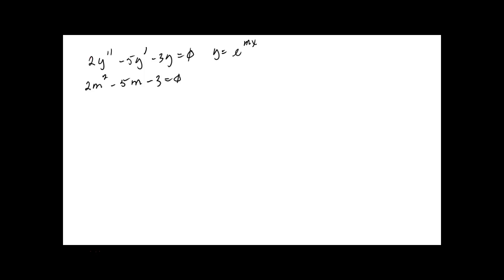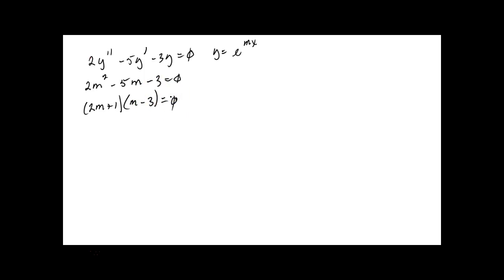Quadratic formula? I would kind of like to see if I can factor it first. Can you factor it? How does that go? Yeah, 2m plus 1 times m minus 3 equals 0.